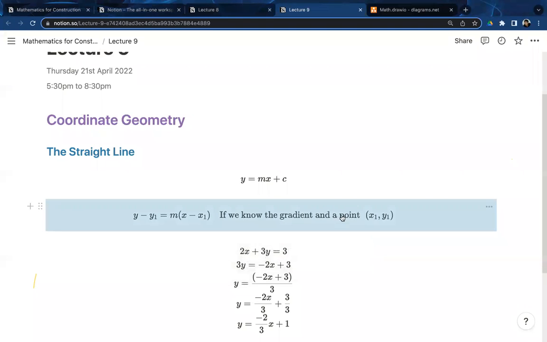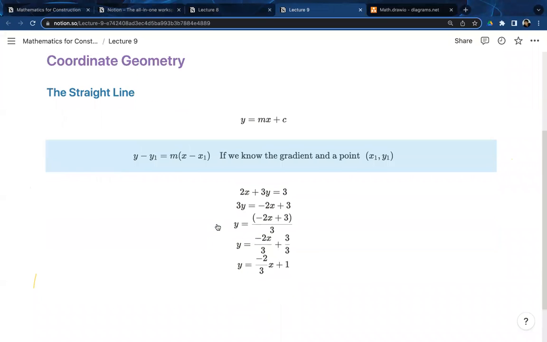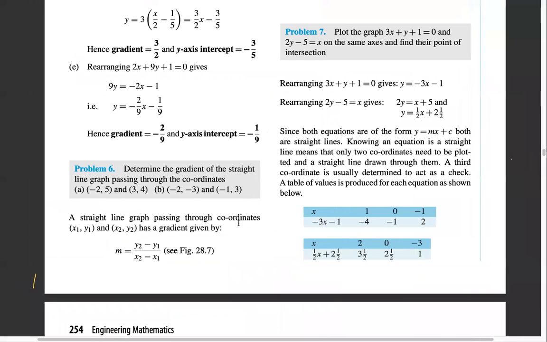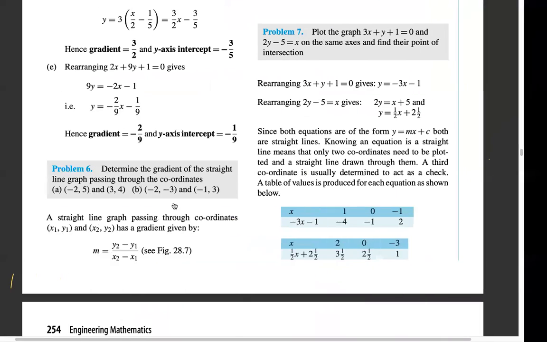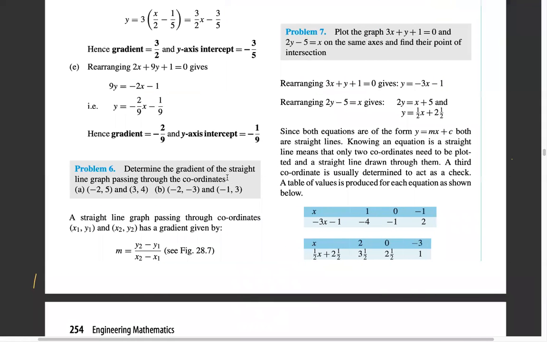So if we know the gradient of the line M, and we know a point x1, y1, we could use this formula to find the equation of a line, right? So they say here, look, -2, 5, and 3, 4, okay? So determine a gradient of a straight line that passes through the coordinates.